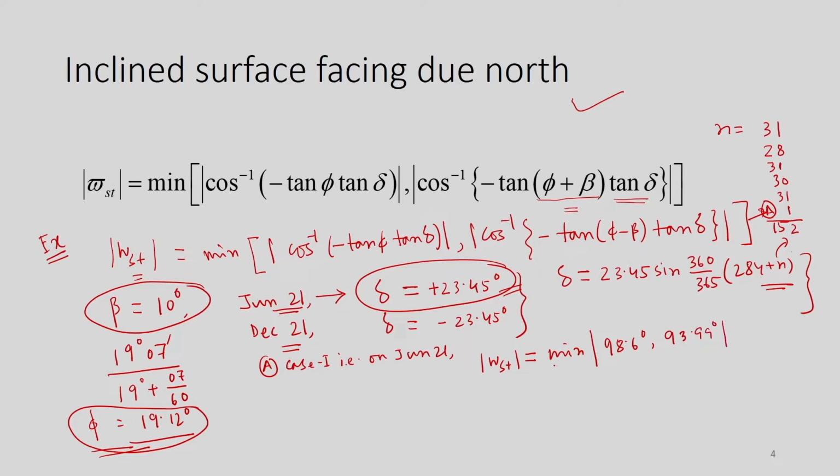Since we need to use the minimum of these two expressions, finally our result will be 93.99, which is equivalent to 94 degree. Because it is a modulus, it involves plus and minus. So, it will be plus minus 93.99 degree.